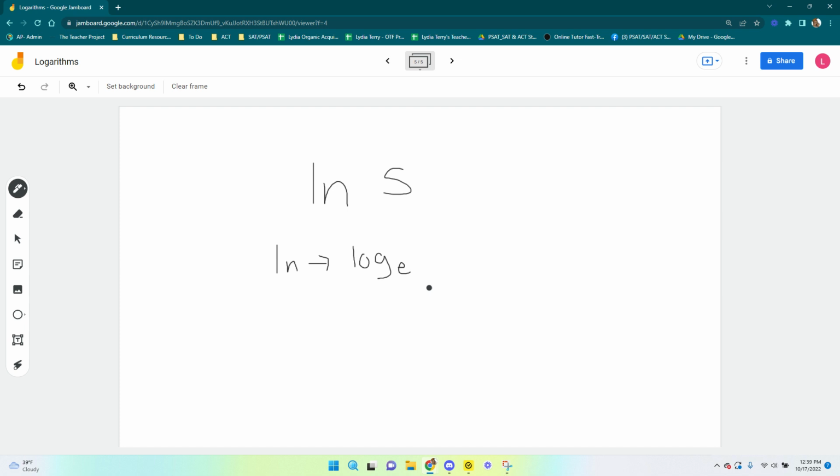E shows up in a lot of things, and of course it also shows up in logarithms and is very important to logarithms. For your purposes, you don't need to worry about E or what the natural log is, but I just want you to know that if you see ln, that is the same thing as log to the base E.